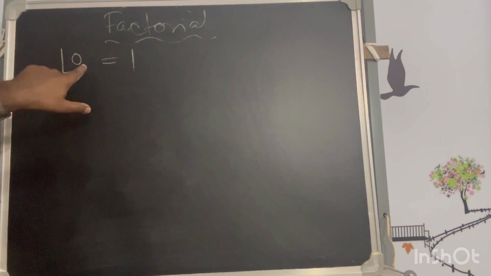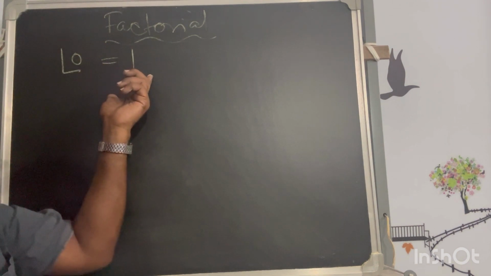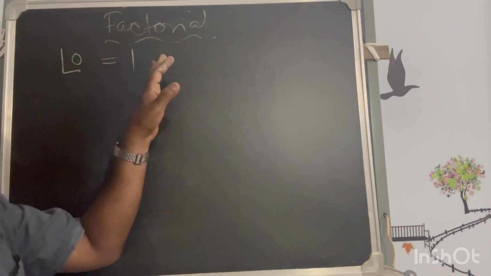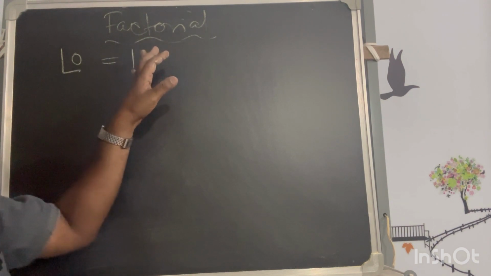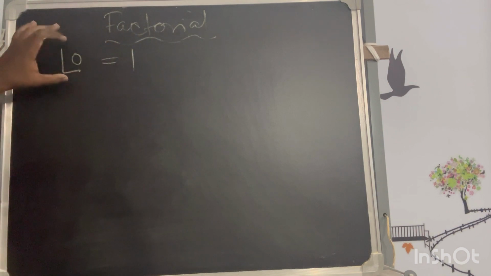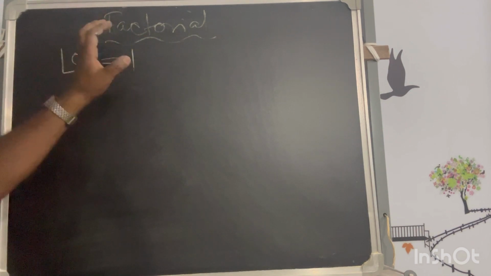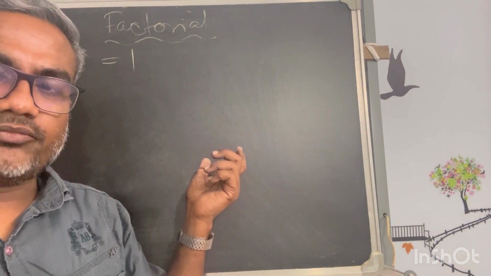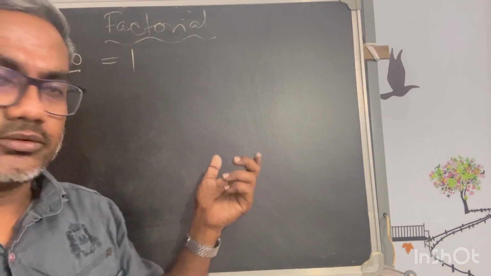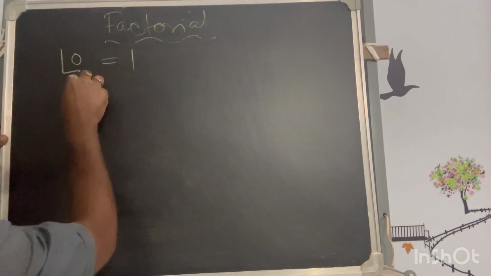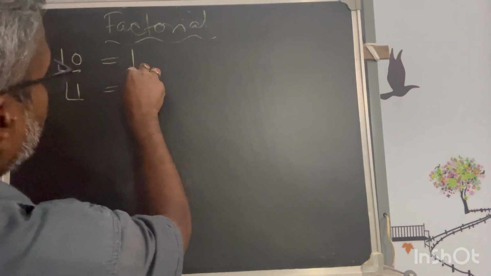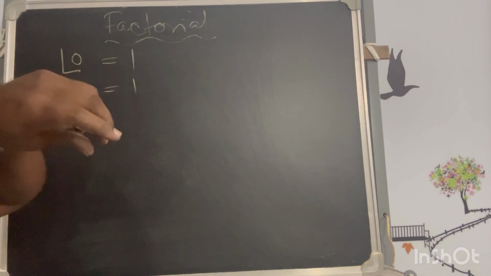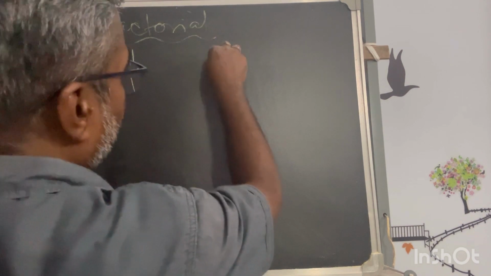It is not mathematically derived, it is logically derived, and scientists have taken factorial 0 is equal to 1, because only then can they correlate all other aspects where factorial is involved. And factorial 1 also is equal to 1. Okay, and this can be logically shown.